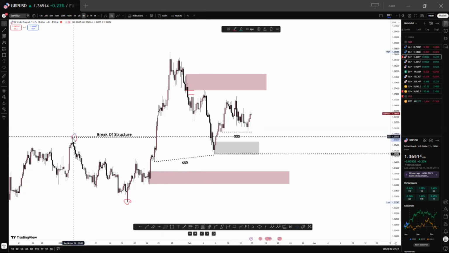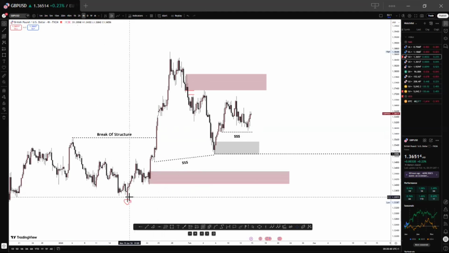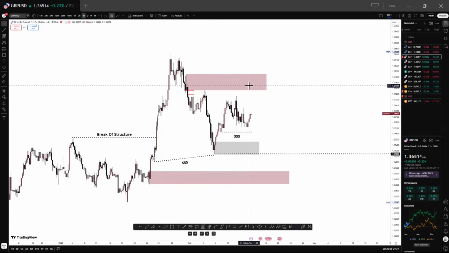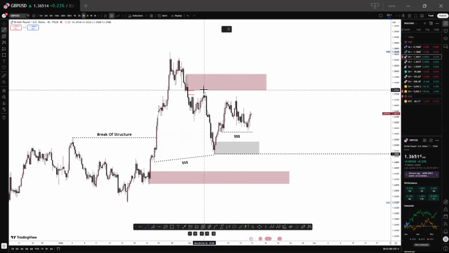Okay. And this could be our swing low. Remember, we're working with a bullish GBPUSD. So if we're wrong, then this will be our area of interest. This could also be marked as liquidity.